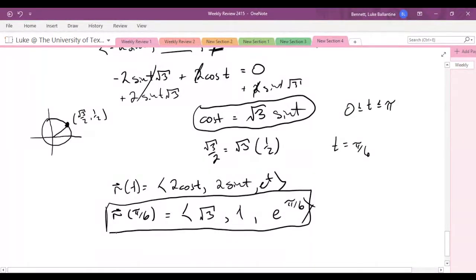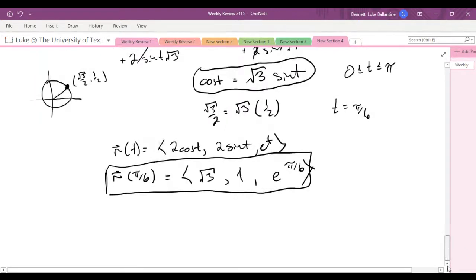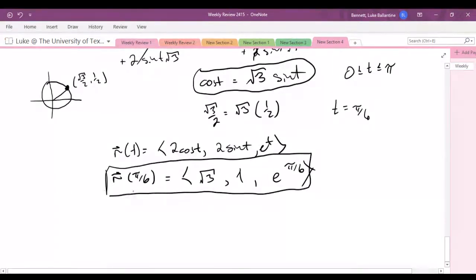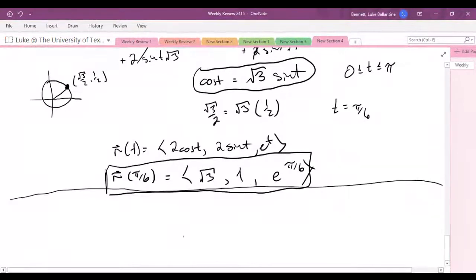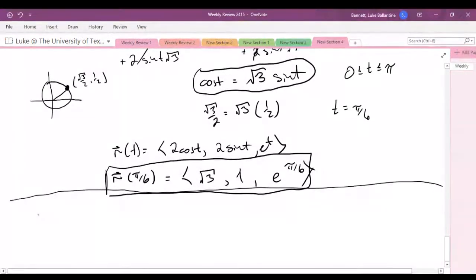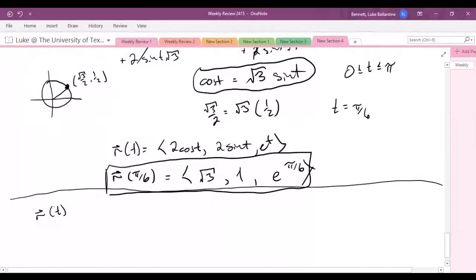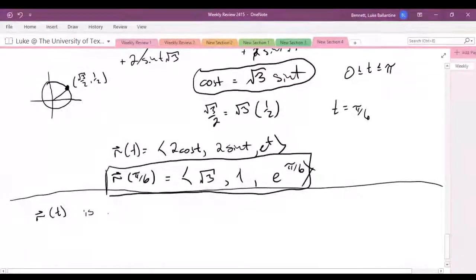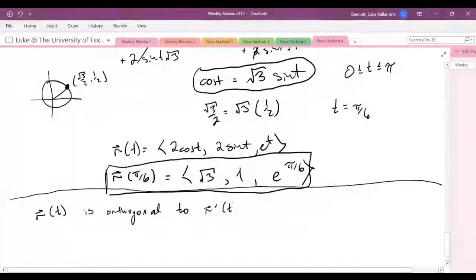Cool. Now I have a more theoretical question for y'all. I thought this was a pretty interesting problem. Suppose r of t is orthogonal to r prime of t for all t.